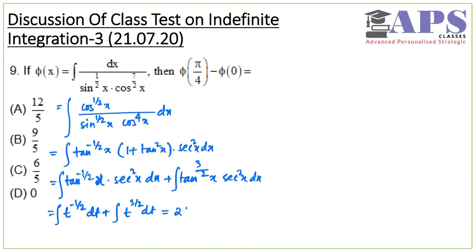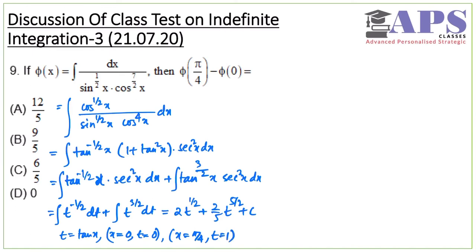So it is 2 t power half plus 2 by 5 t power 5 by 2 plus c after integration, and I have to put t equal to tan x, and I have to find phi 4 minus phi 0. So t equal to tan x. So when x is equal to 0, t equal to 0, and when x equal to pi by 4, t equal to 1. So I can put t equal to 1 in place of x equal to pi by 4.